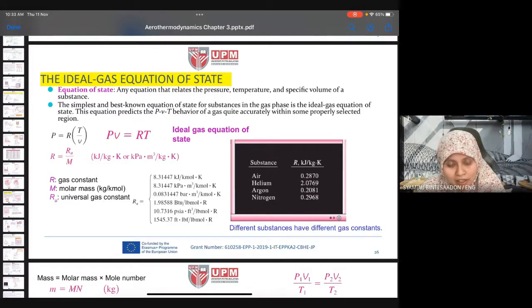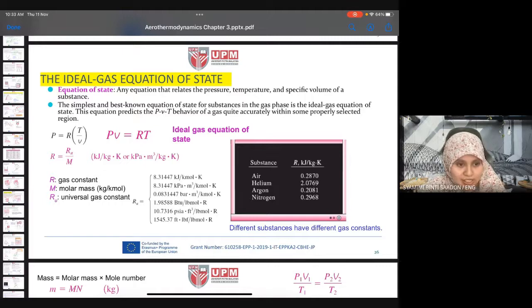It can be any other gas: helium, argon, nitrogen, carbon dioxide, etc., as long as it is in ideal gas state. Normally we try to assume first that the gas is in ideal state, so that we can apply this equation of state.